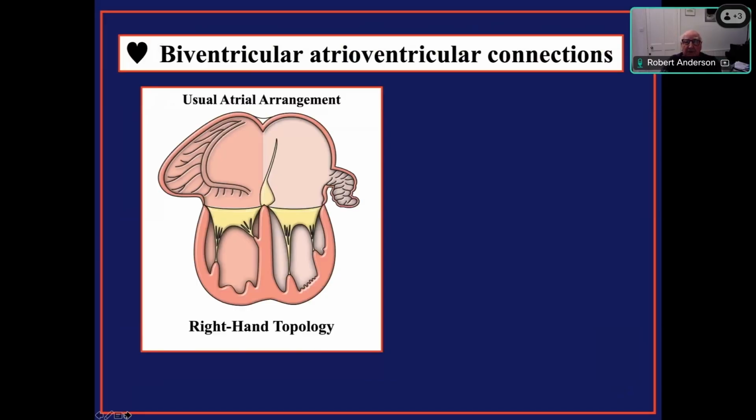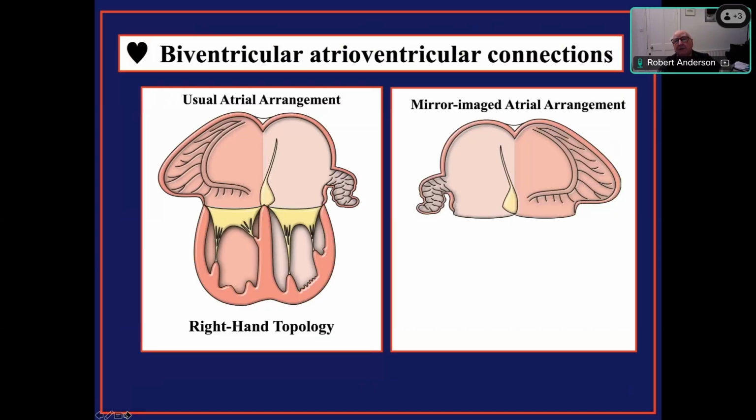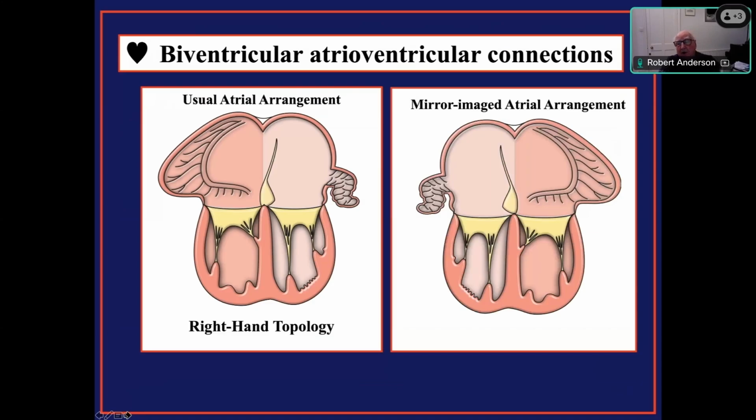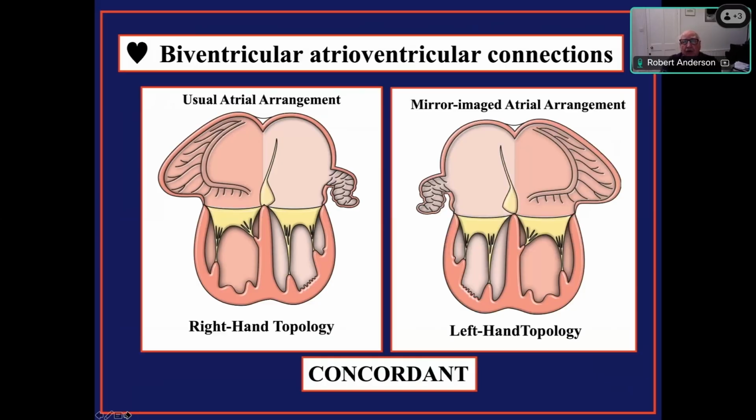And that means the right atrium joins the right ventricle, the left atrium joins the left ventricle. So you will not be surprised to know that when we have mirror-imaged atrial arrangement, the ventricular mass is also mirror-imaged, left-handed topology, when we have concordant atrioventricular connections.